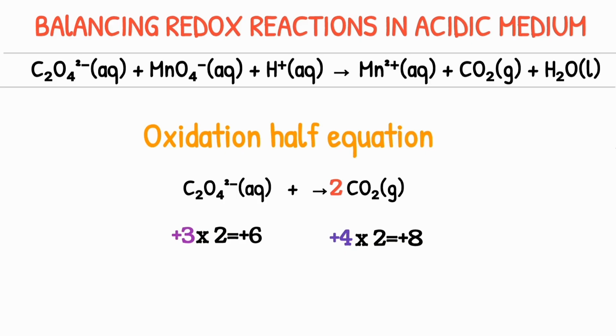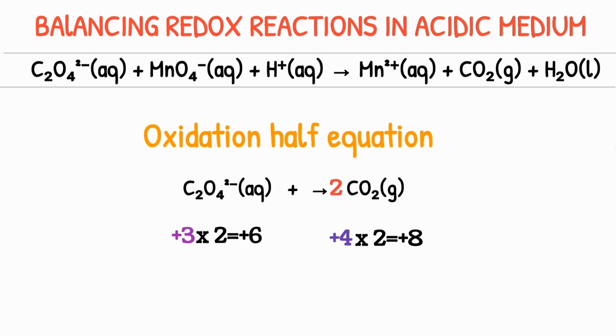If we add 2 electrons on the side of +6, we know that electrons are negatively charged, meaning we are adding -2. The charge on the side of the oxalate is going to go down to +4, because +6 minus 2 is equal to +4. Let's come down to the side of the carbon dioxide. We have +8.